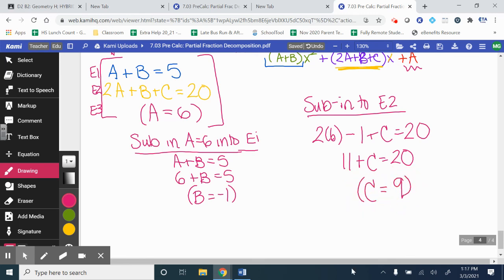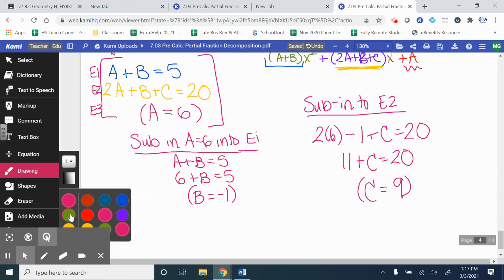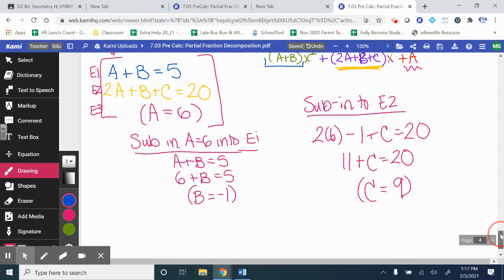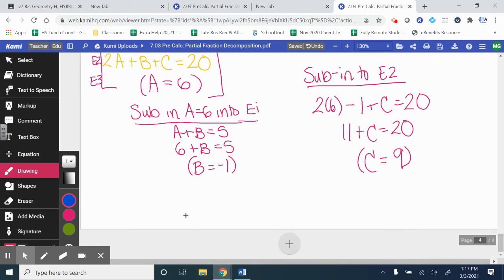All right, so now we've done pretty much all the work. All we need to do, and don't forget this last part, is to write out your final answer. That's really important. Do not just find A, B, and C and then stop. I want to know what your actual answer is. You will not get full credit if you don't write this out.